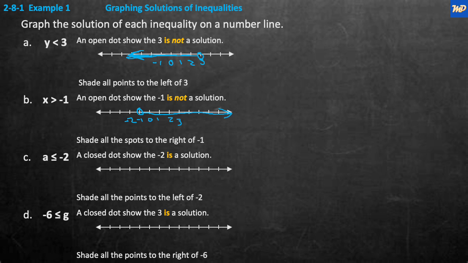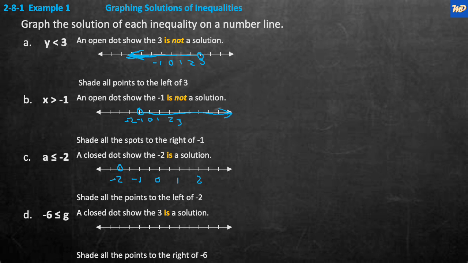Here, a is less than or equal to -2. I'm going to make these a little bigger. I'm going to say 0, 1, 2, -1, -2. Maybe I should have started over a little bit. -2 is right here.